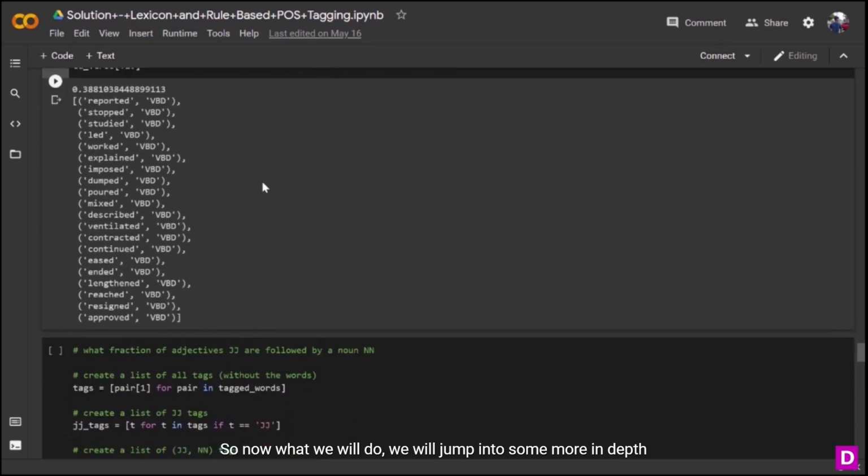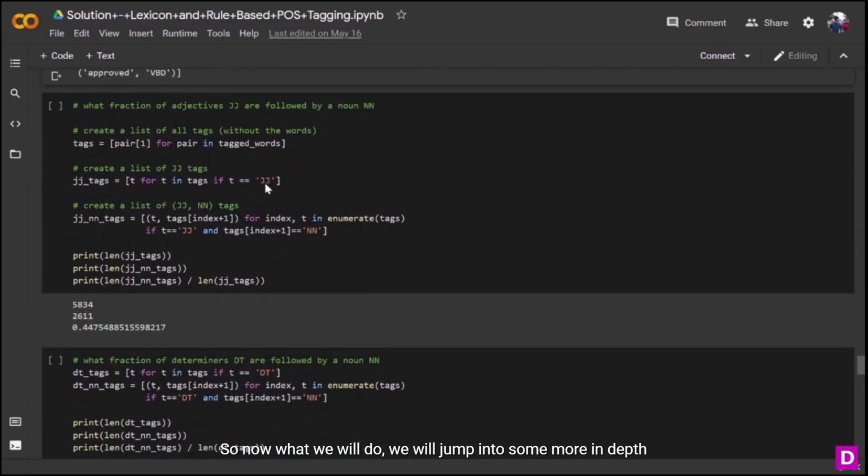So now what we will do is jump into a more in-depth understanding of the corpus, a more linguistic-based approach, or what we can also call the grammatical nuances of the text corpus.